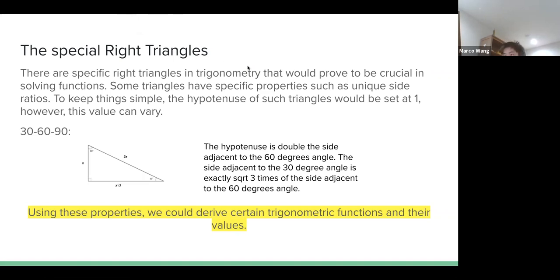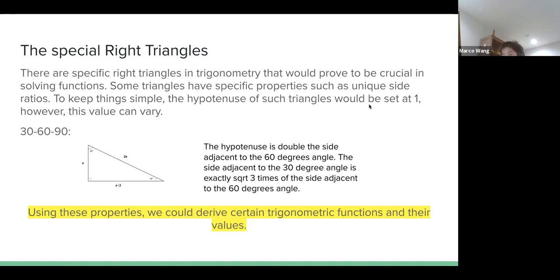So the first special right triangle is the 30, 60, 90 triangle, where one angle is 30 degrees, one is 60, and the other one is 90. The pattern for this is where the hypotenuse is double the side adjacent to the 60-degree angle.